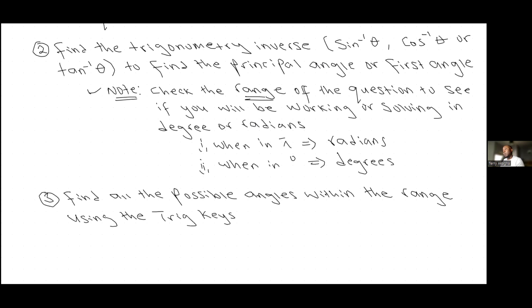So what we talked about, finding the first angle for sine, cosine, and all the stuff. So you use it. But one of the things, like I always say, is that you have to remember to stick to the angle units. So don't forget to stick to the angle units.